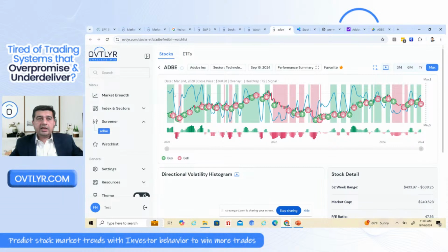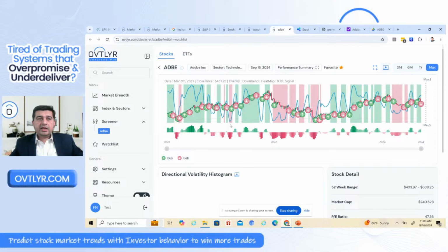If other things are not looking good, I would just get out. Why? Because there's a very high probability. Again, it's not guaranteed that it's going to go down, but there's a very high probability that the prices are going to head into that correction zone, right? And if you're holding on to a position, you may see a pullback.